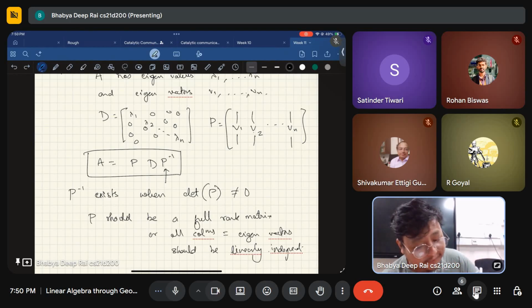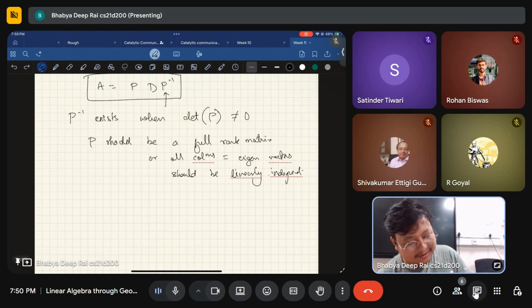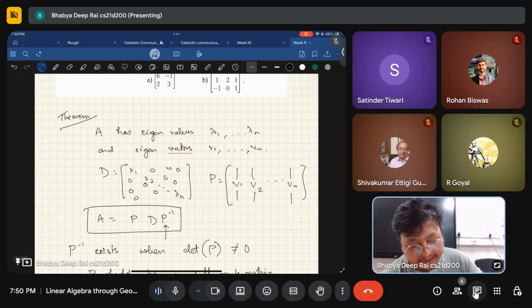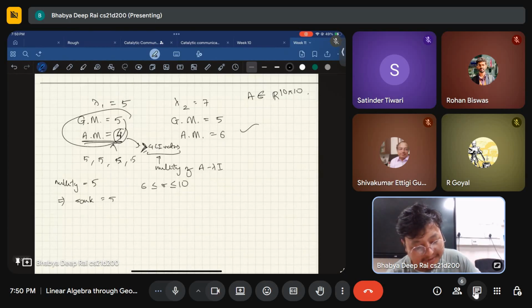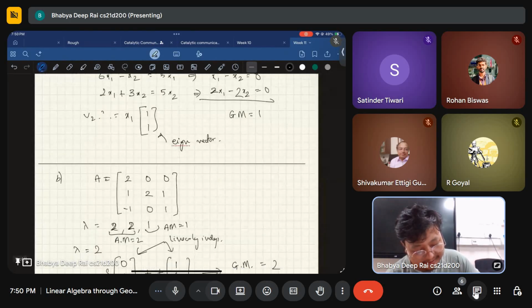Because if you can guarantee that they are linearly independent, then P inverse exists, and you can find P inverse. This is the theorem that we saw in the lectures, so all we need to do is apply it in this context.